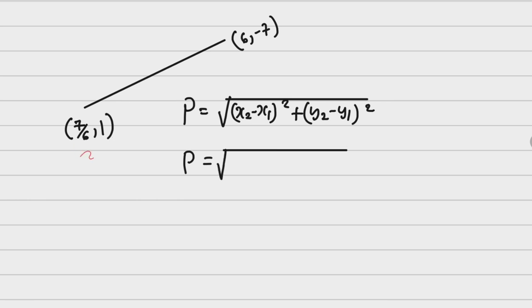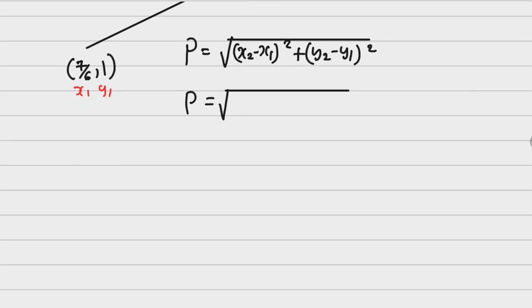Let this be my x1, y1, then I have my x2, y2. Okay, so I can continue now. Now this is going to be 6 minus 7 by 6. All right, this is going to be all squared. Then I have plus minus 7 minus 1 all squared.